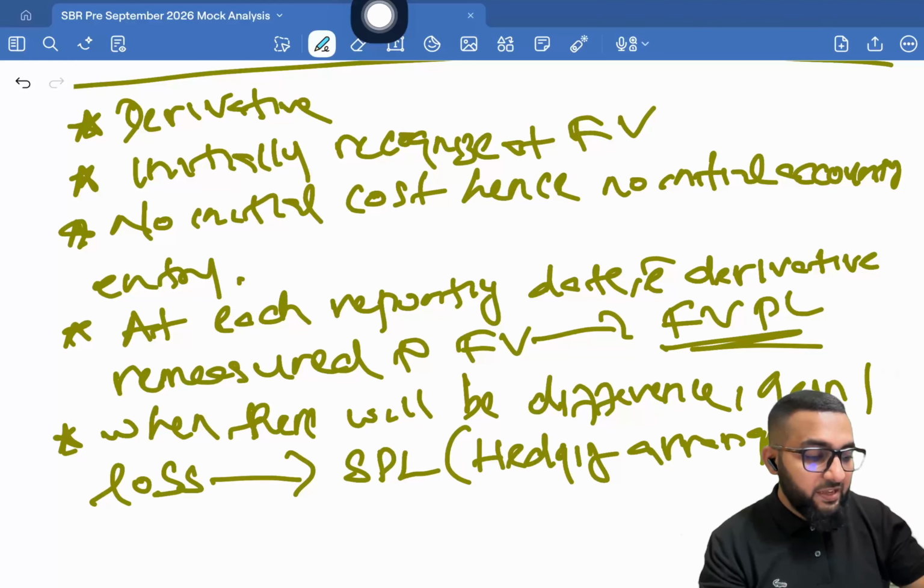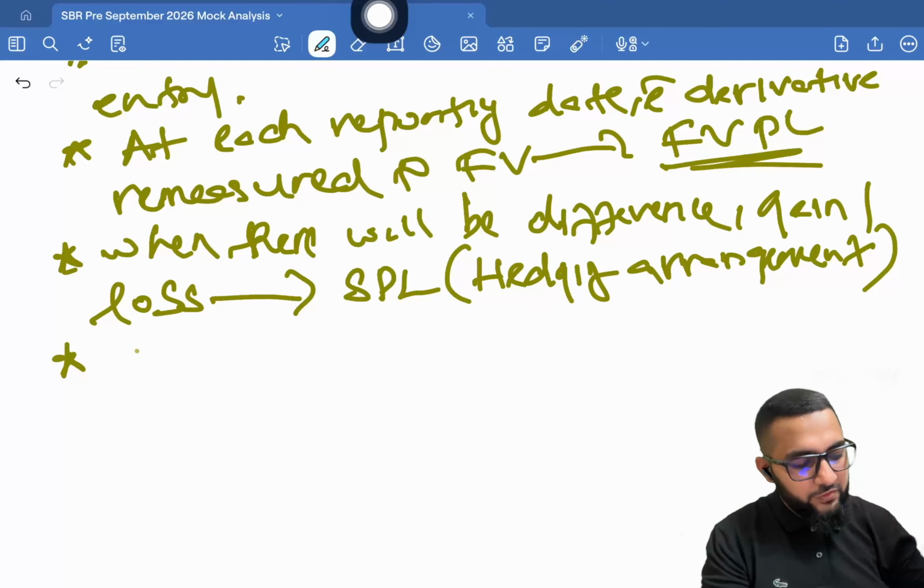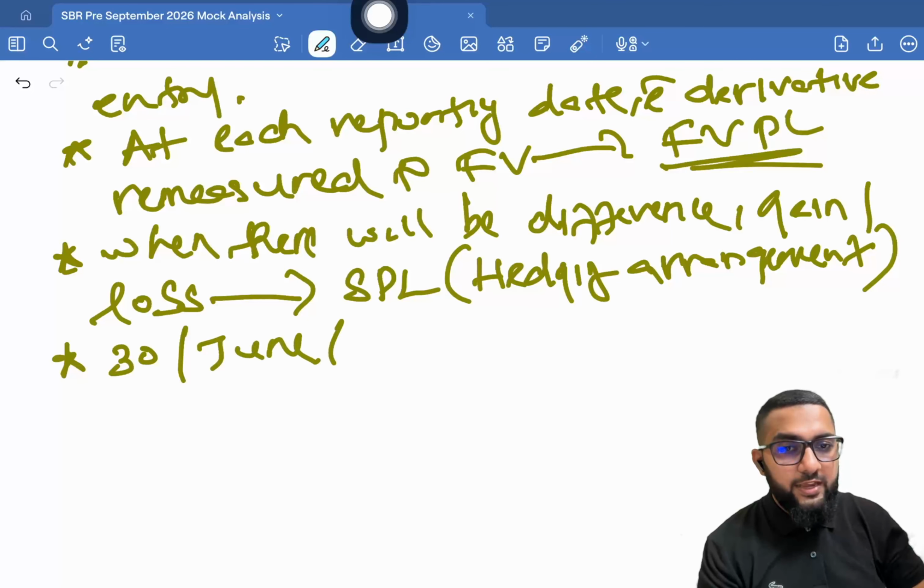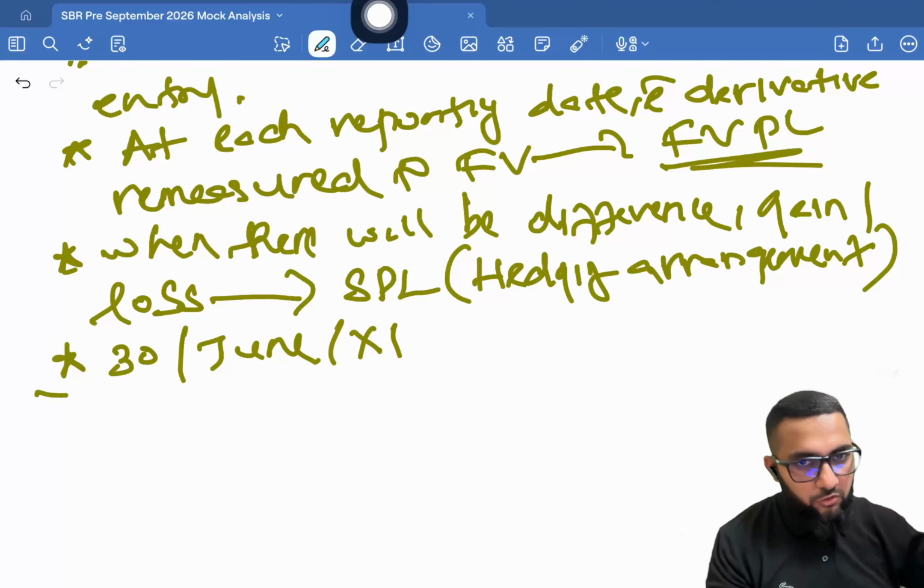Now you apply. You have to support with calculations. So for 30th of June, X1, what was the contracted rate?